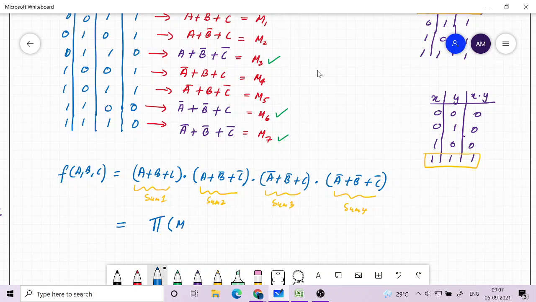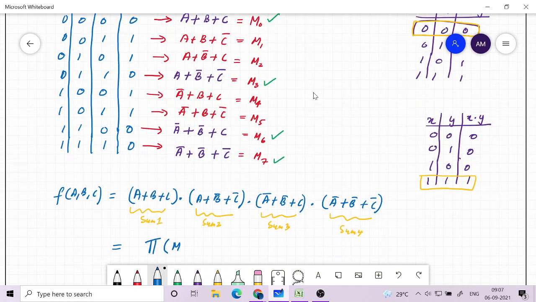So all the ticked ones, that is M0 dot, then the next one is M3, then the next one is M6, and then M7.